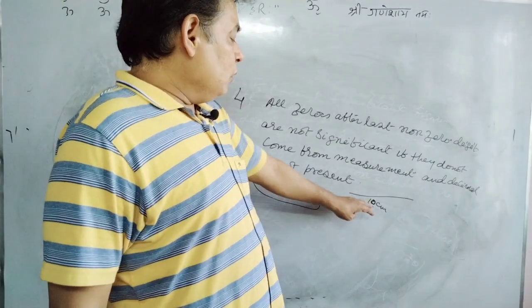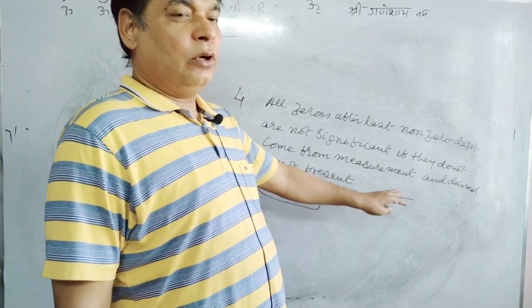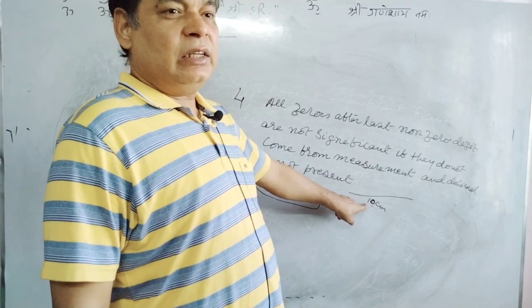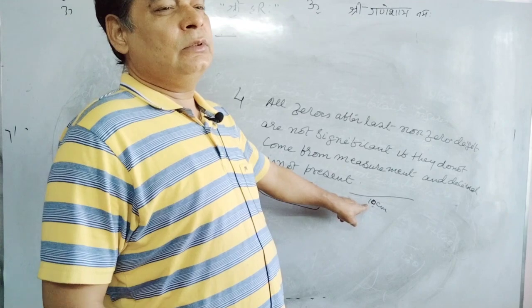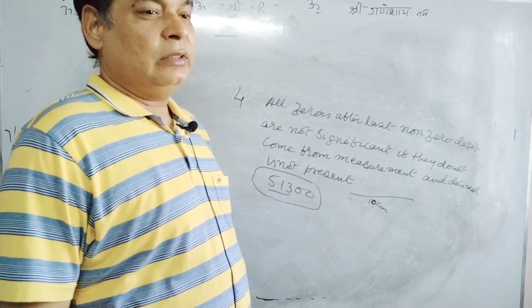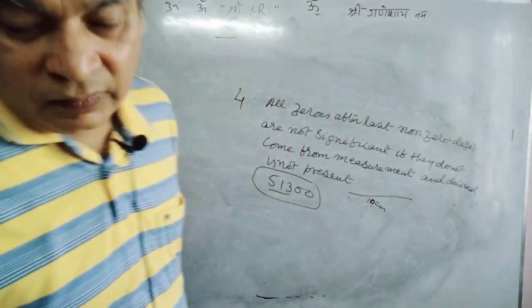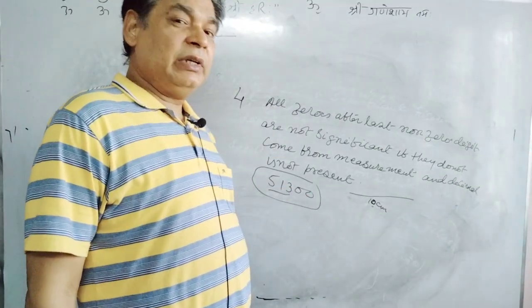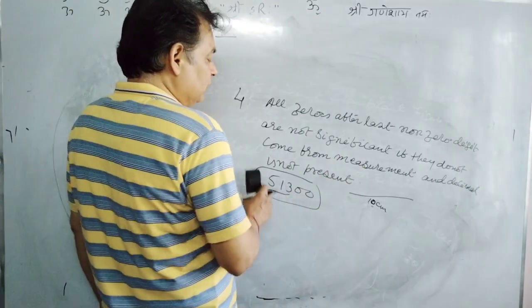If this 0 after the last non-zero digit comes directly from measurement, that will be significant, but if it comes due to another reason, due to change in unit, etc., then it will not be significant. But if a decimal appears, it will be significant. This is the rule for without decimal. Decimal is not present.